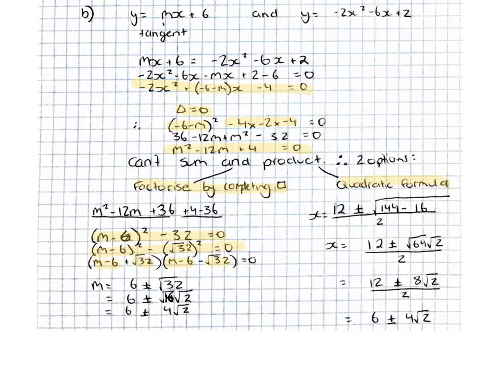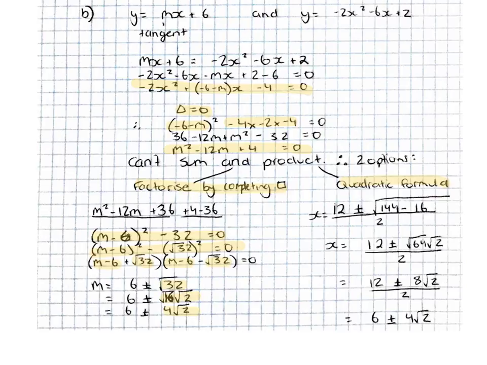Now there is some simplification of surds in here in both cases. So remember that if you can split up something like the square root of 32 into square root 16 times square root 2, the square root 16 is 4, so it would give us 4 root 2. And there will always be full marks for simplifying your surds.